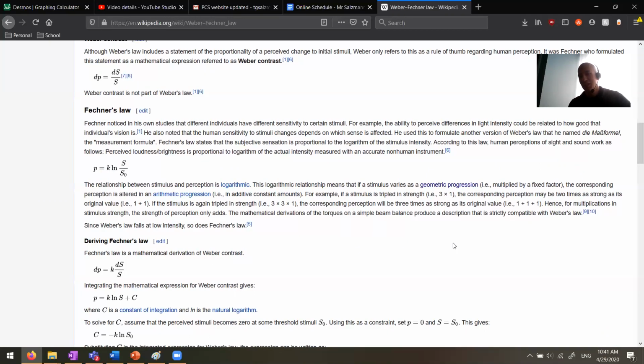You can actually see that if you've got one light bulb working, the room will seem kind of bright. And if you put 2 light bulbs in, so you multiply the amount of light by 2, it will seem brighter, but it won't seem twice as bright. And if you put in 3 or 4 light bulbs, every time you add a new light bulb you're increasing the amount of light, but it's not going to seem like it's 1, 2, 3, 4 times brighter.